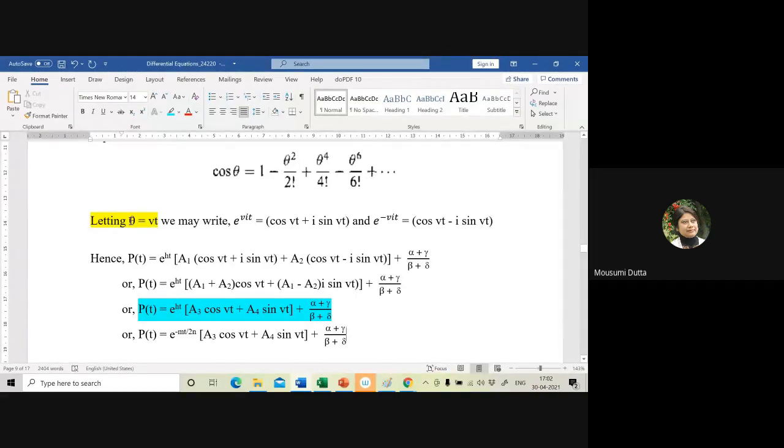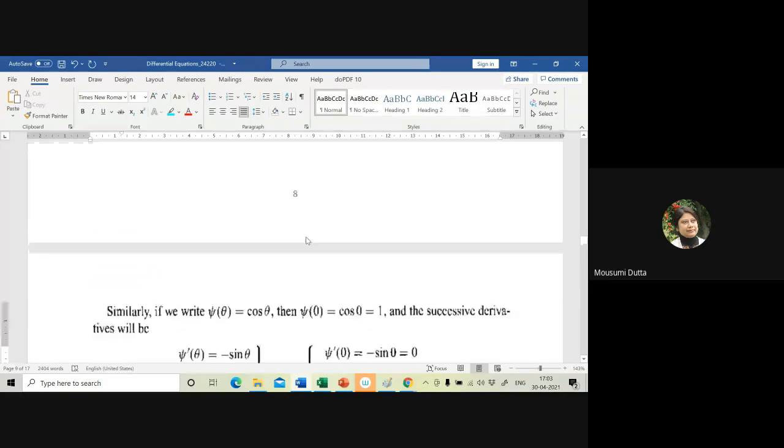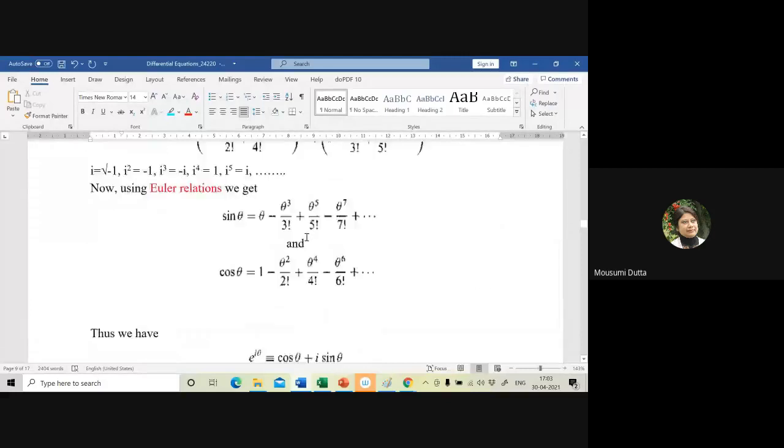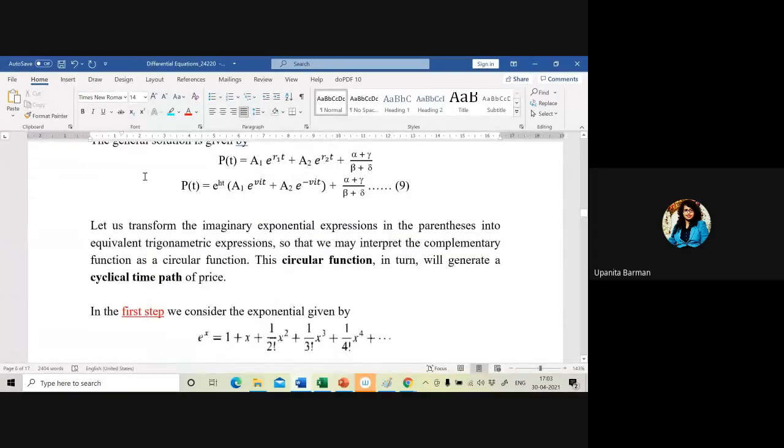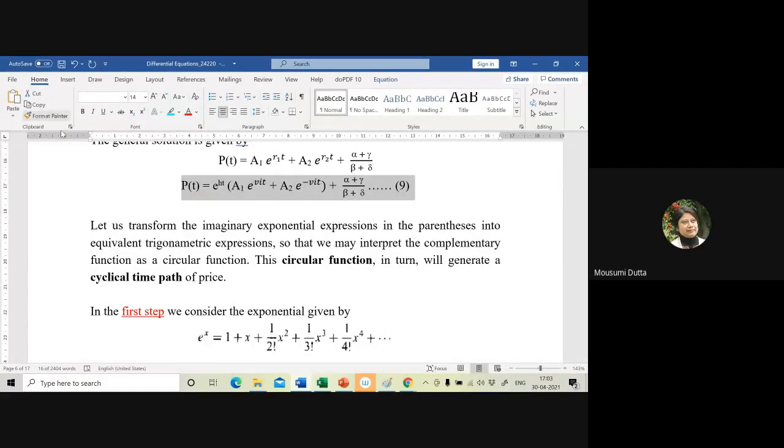Still, I need to clarify this part, this yellow part. However, simply if I tell, theta is equal to Vt, can we write this thing in this way? Yes or no? Now again lost? Or what do you think? Understood? This is equation number 9.